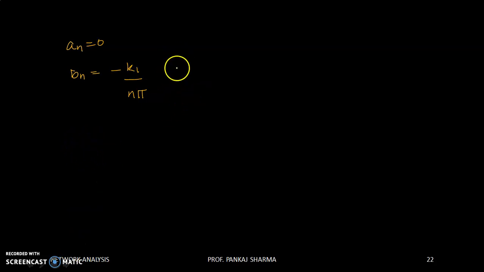Therefore Cn is equal to k1 by n pi. How? Let's have a quick look. Cn is equal to under root an square plus bn square.